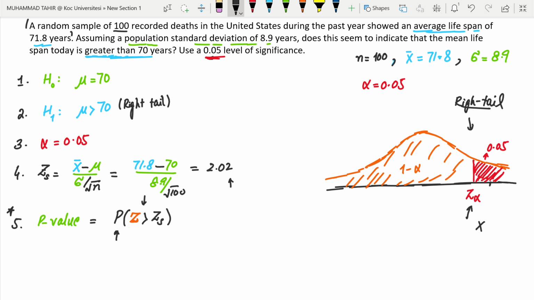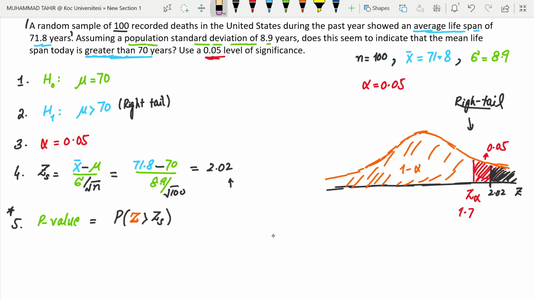It means the following. 2.02 is on the z axis, here. How do I know this? Because from the previous question I know z alpha is something like 1.7, so 2.02 is here. So the p-value is basically this area, the area I am blackening, z greater than z sample.